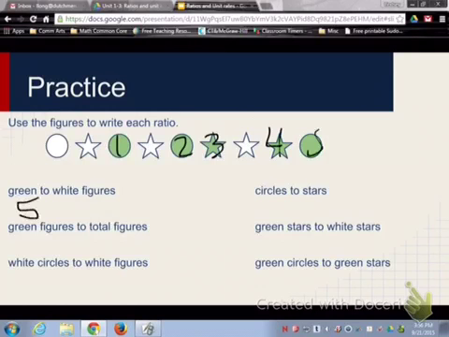So we'd write our 5 first. Then you could use the word "to," you can use the colon, or you can write it as a fraction. Next, we count our white figures. And we have 1, 2, 3, 4 white figures, so that number comes next. So our ratio of green to white figures is 5 to 4.